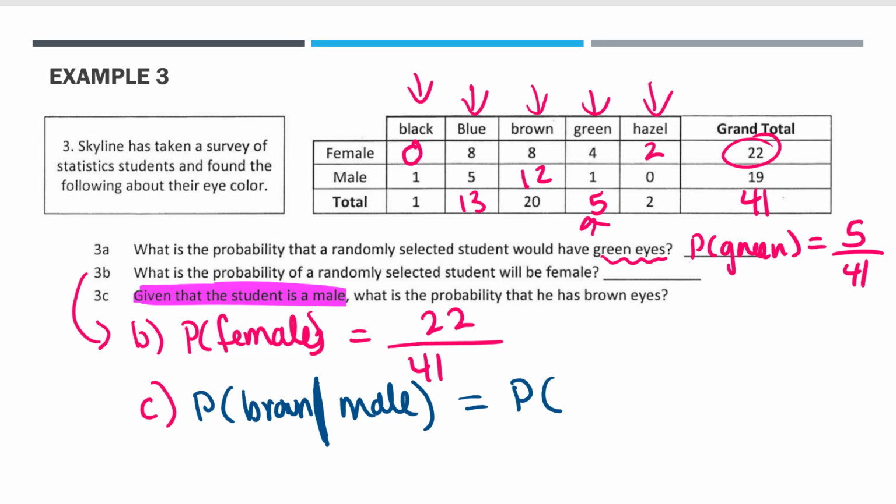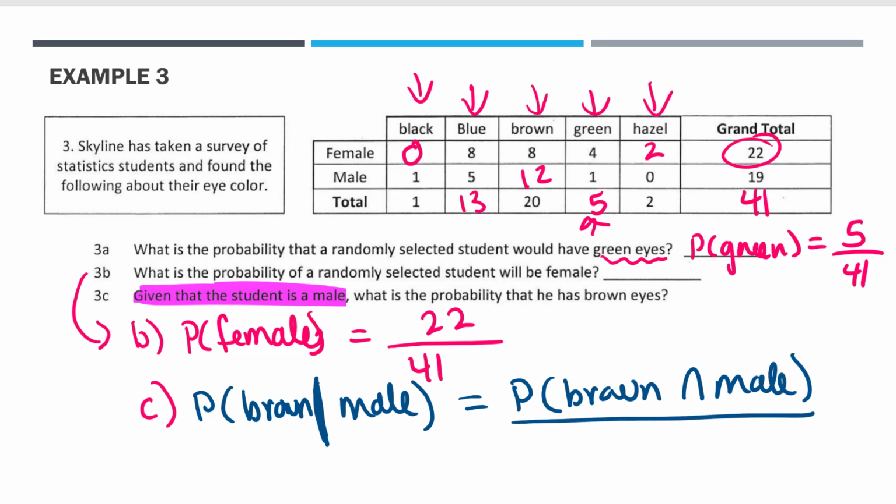So our numerator is going to be that intersection between brown and male, and the denominator is going to be the fact that we already know that the person is male. So our male total is 19, and the intersection between brown and male is 12.